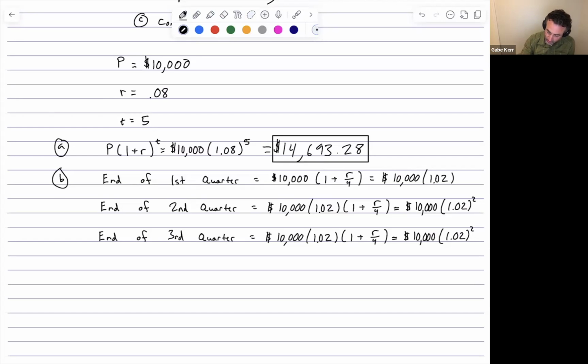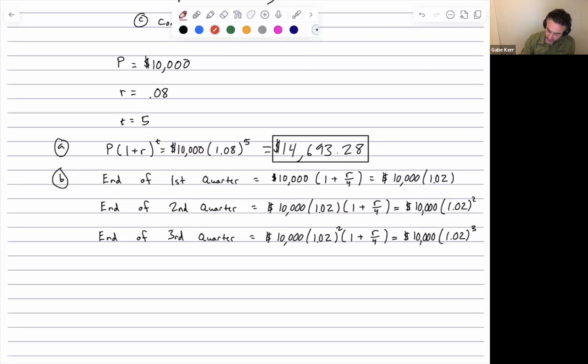Here we have to apply this interest rate to the prior quarter's amount, and the prior quarter's amount is this squared. So now we get a 3 here, and you might now see what's happening.